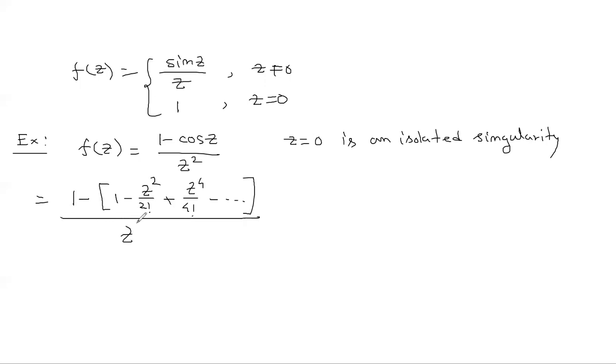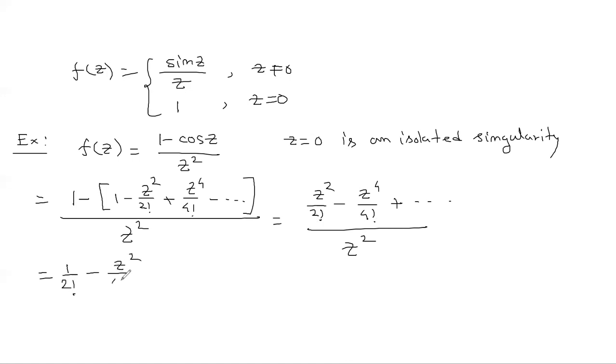From here we are getting z square by 2 factorial minus z power 4 by 4 factorial divided by z square. And it is 1 by 2 factorial minus z square by 4 factorial and so on. So here also we can see there is no term present in the principal part. So z equal to 0 is a removable singularity.